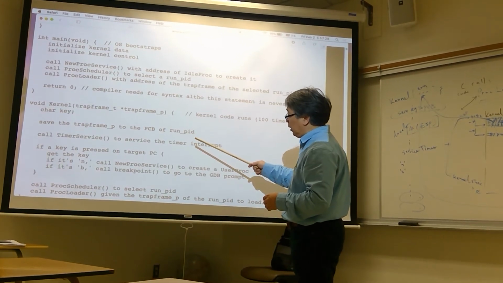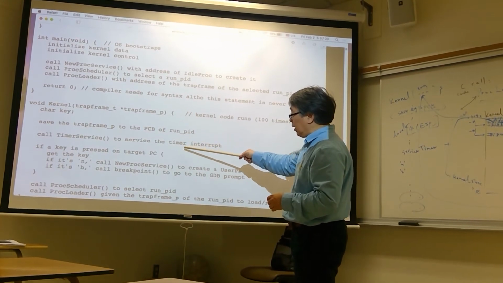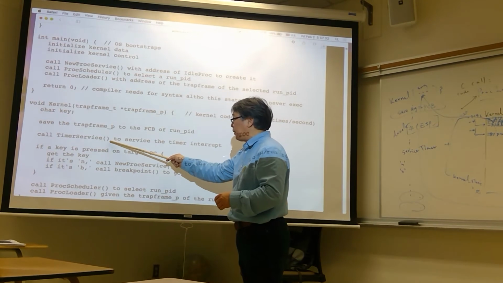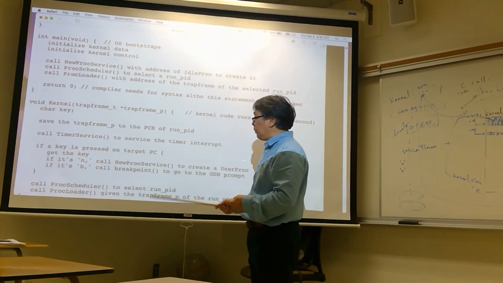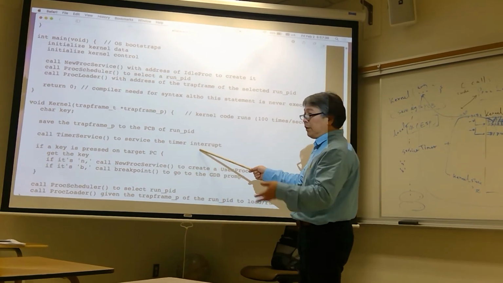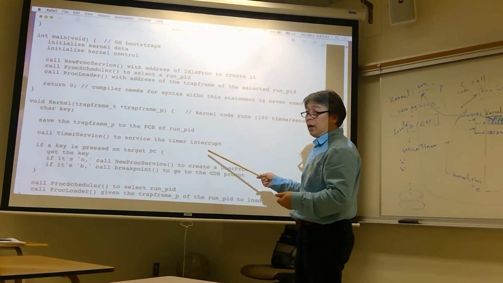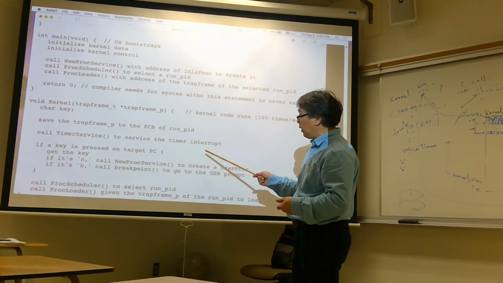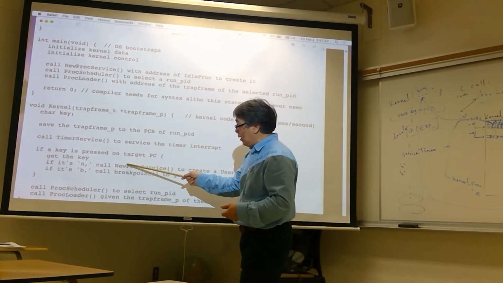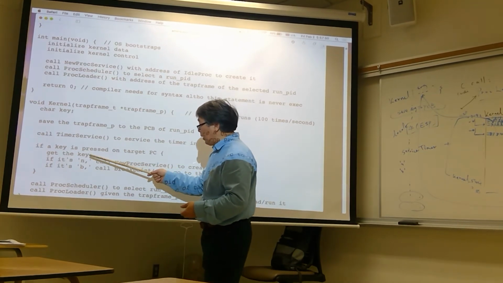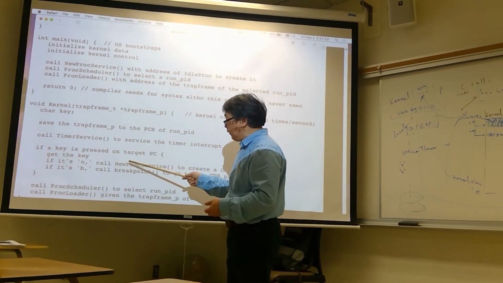And then the kernel calls the timer service, because the reason the kernel happens is the timer interrupt. So it will call the timer service, which will upcount the runtime and check it against the time limit, and other things. And the key: we can poll the key here, the console KB can be called upon to see if it's true or false.